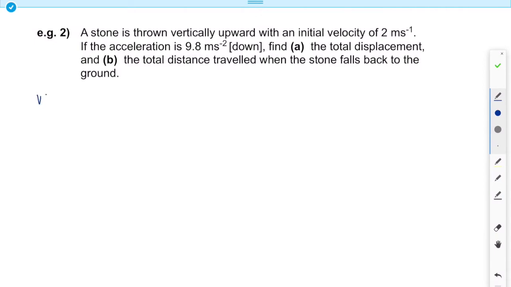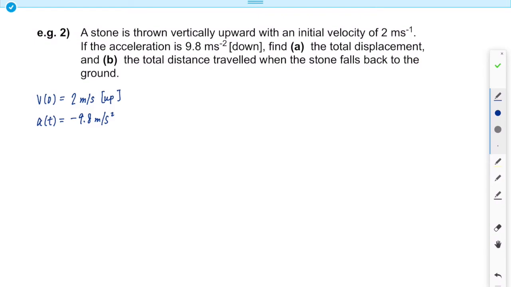We know that v of 0, the initial velocity, is 2 meters per second up. And acceleration, a of t, because it's constant, is negative 9.8 meters per second squared, because the negative indicates it's down.